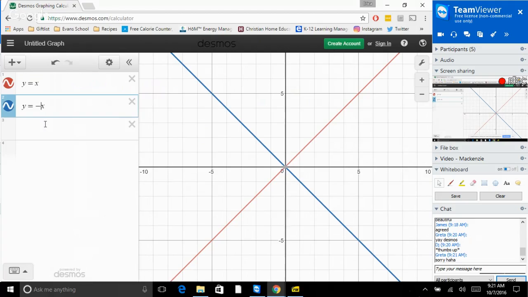Okay, so same rules apply. So basically what we're going to do is graph some equations and see what they look like. And one thing I wanted to mention is when you're doing your homework, if you print out graph paper, and I can send that out to you, you can draw more than one on a graph.